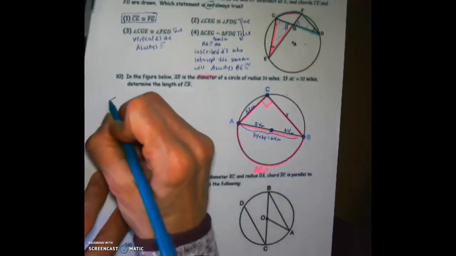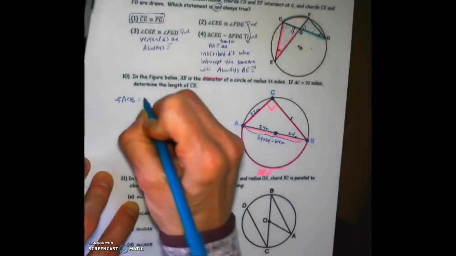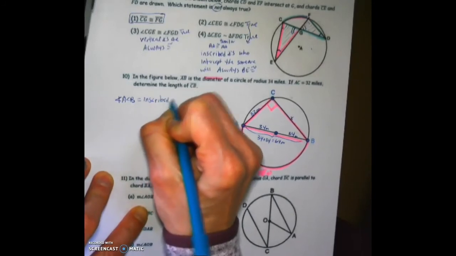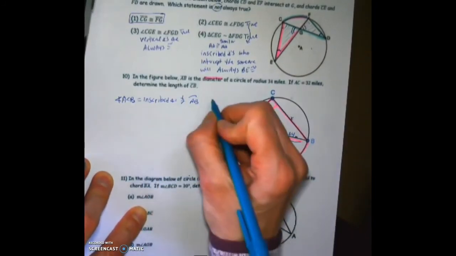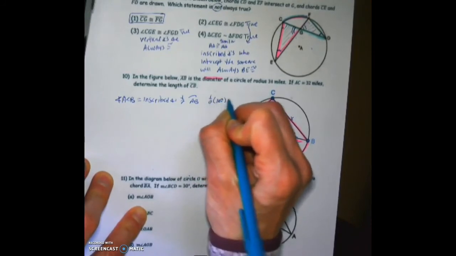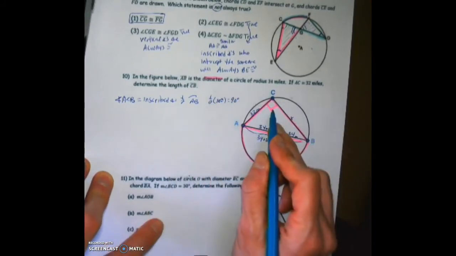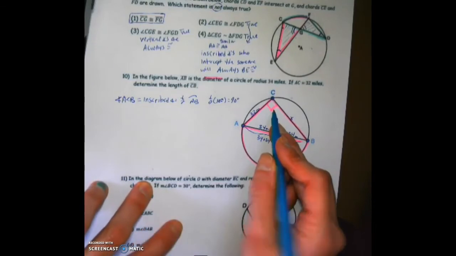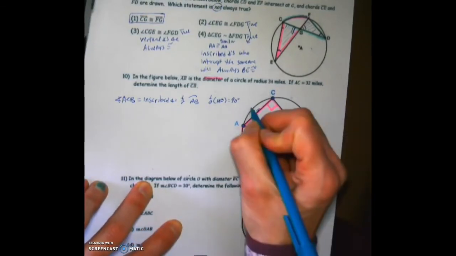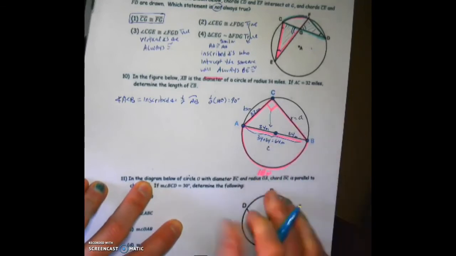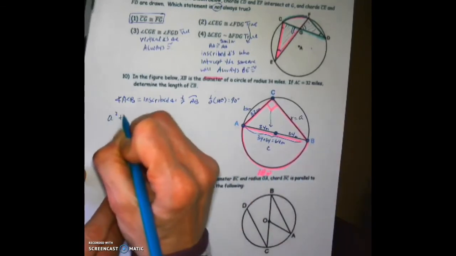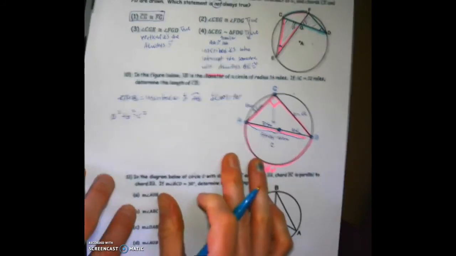Oh, wow. Okay, so angle ACB is an inscribed angle, which is half of arc AB. So that's where we're getting this from. It's going to be half of 180, which is 90 degrees, making this a right triangle, which means the two legs are A and B, and the side across from the right angle is always our C term. So now we're simply going to use the Pythagorean theorem.